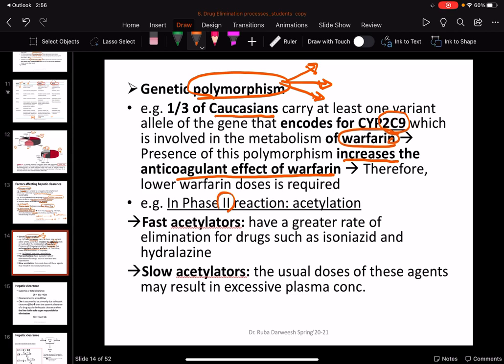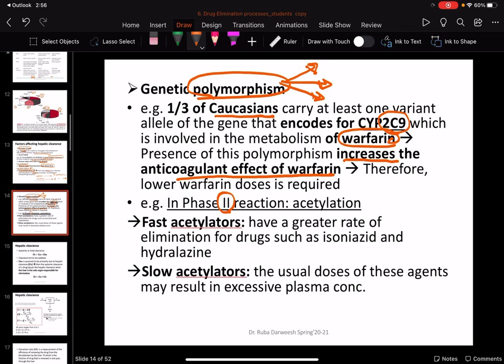Another example is acetylation, where we have fast acetylators and slow acetylators, and again it depends on the rate of elimination according to the acetylation process.